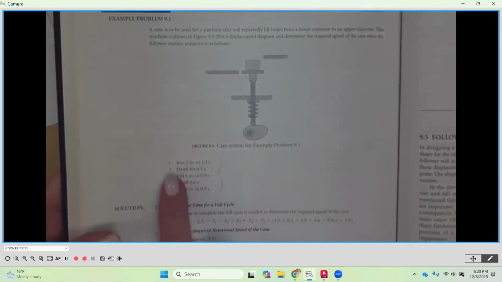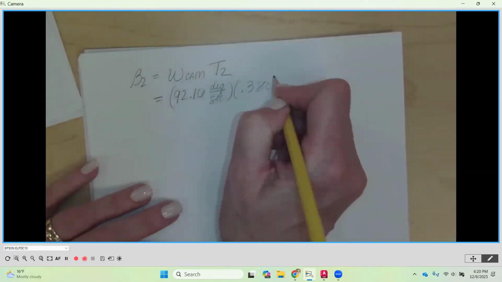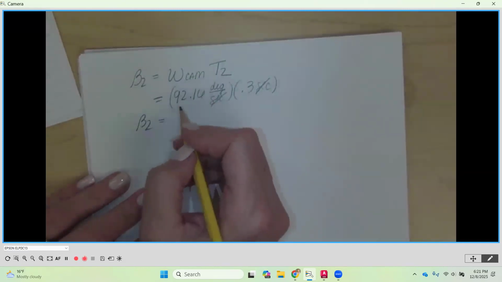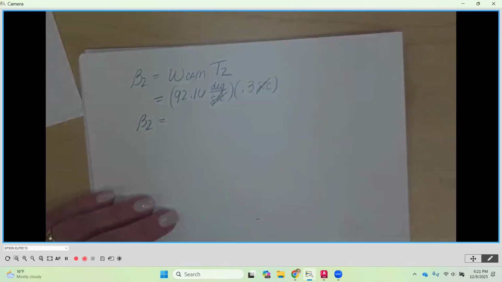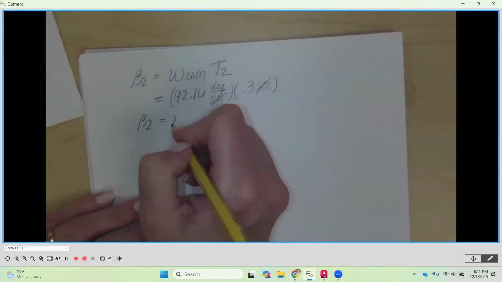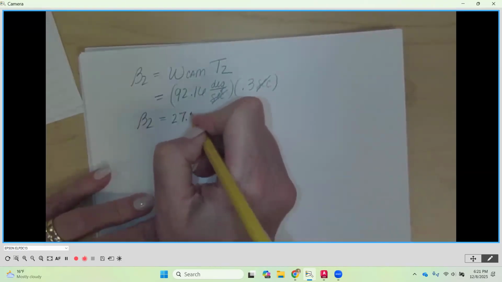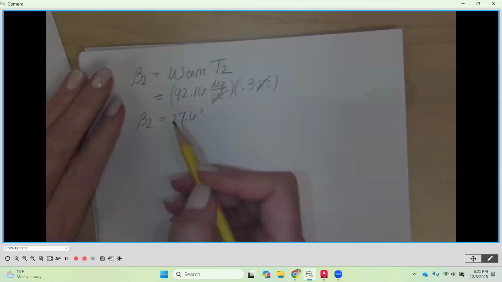And if you're wondering where I'm getting that from, step 2 has a time of 0.3 seconds. And then seconds cancel. Beta 2. Did you get 27.6? Oopsie. 26. Yep. So go ahead and find beta 3, beta 4, and beta 5.